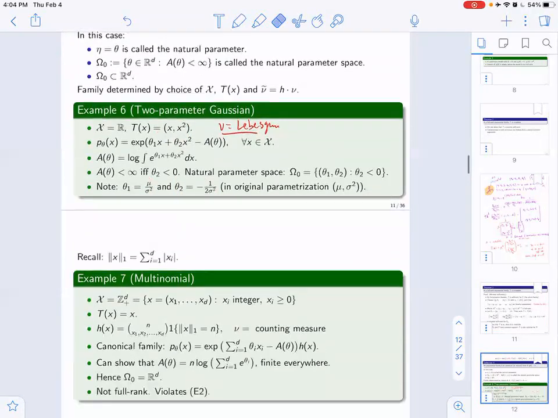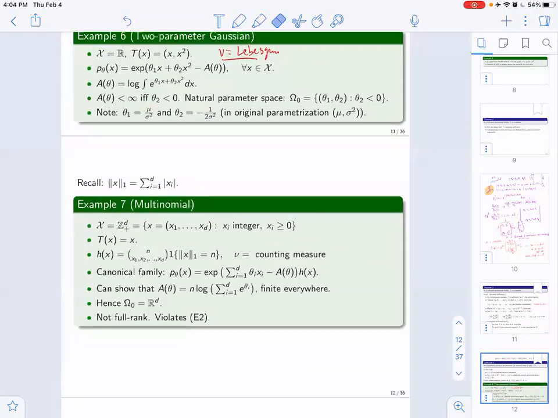Okay, there is another example which I would like to skip in the interest of time, but I encourage you to take a look.